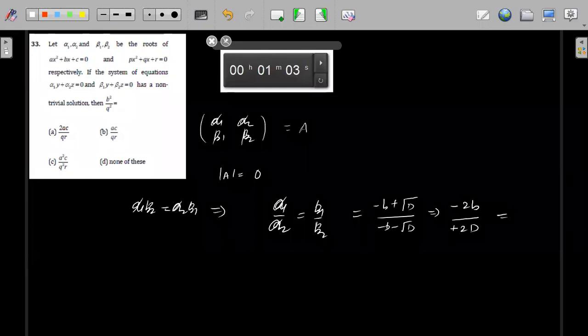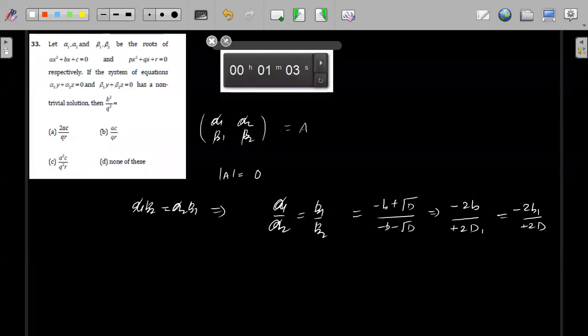On the other side it becomes minus 2 b1 upon plus 2 root d2. The 2 and the minus signs get cancelled, so we get b1 d1 upon b2 d2.